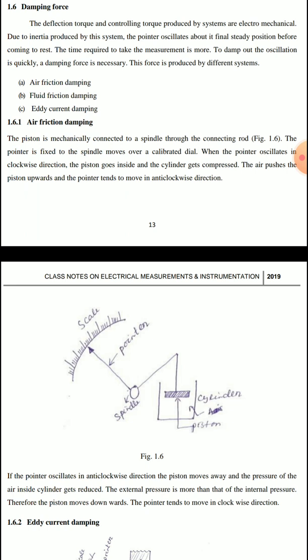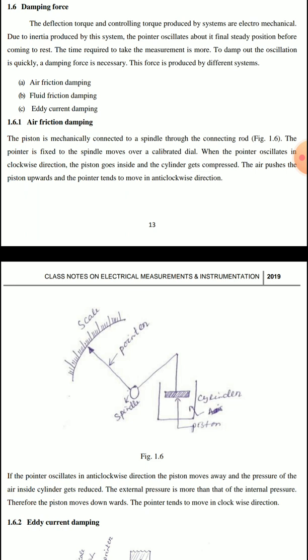If the pointer oscillates in the anticlockwise direction, the piston moves away and the pressure of the air inside the cylinder gets reduced. The external pressure is more than the internal pressure. Therefore, the piston moves downwards. The pointer tends to move in a clockwise direction.